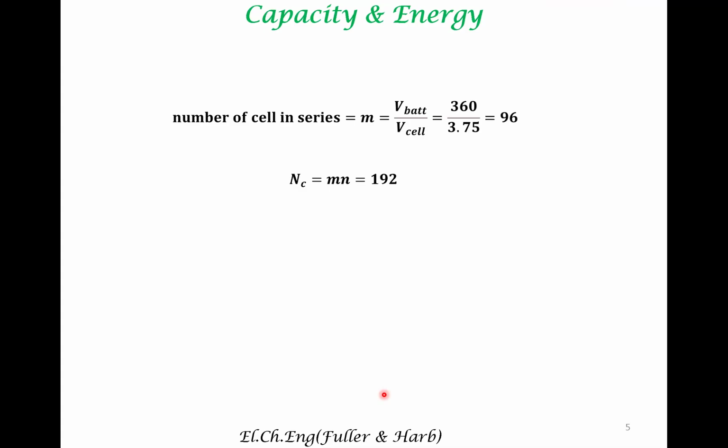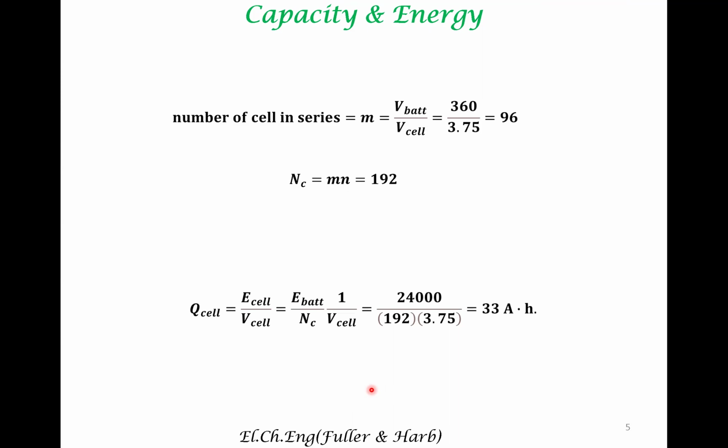Given this, you can specify the capacity and energy of a battery. For example, the capacity can be obtained in two ways. E of a cell, the energy provided by an individual cell, divided by the voltage of an individual cell, or the energy provided by a battery pack divided by the total number of cells in the battery pack times the voltage of a particular cell.